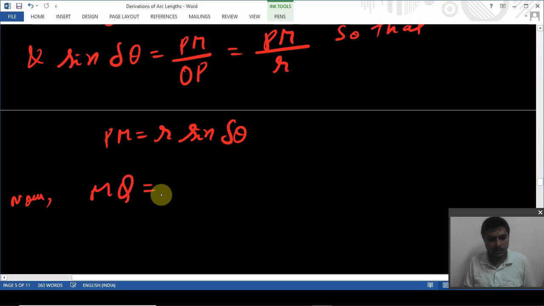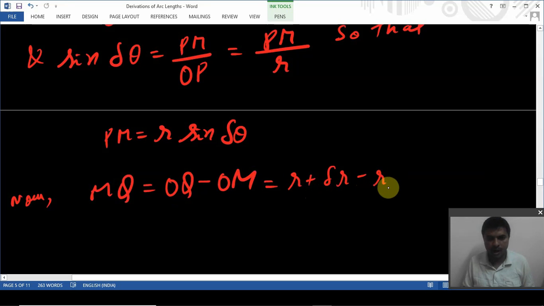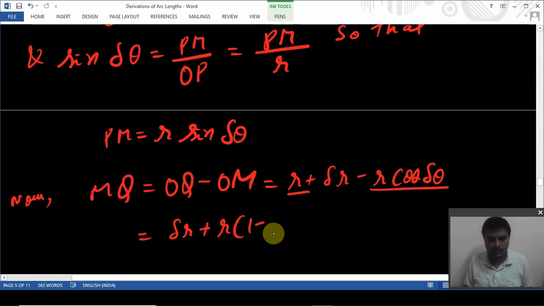Now we just simplify this. MQ, I want to find MQ, which is equal to OQ minus OM. Please go through the diagram and see. So OQ is r plus delta r, minus OM, which is r cos delta theta. So if you simplify, this is equal to delta r plus, taking r common from both, r(1 minus cos delta theta).